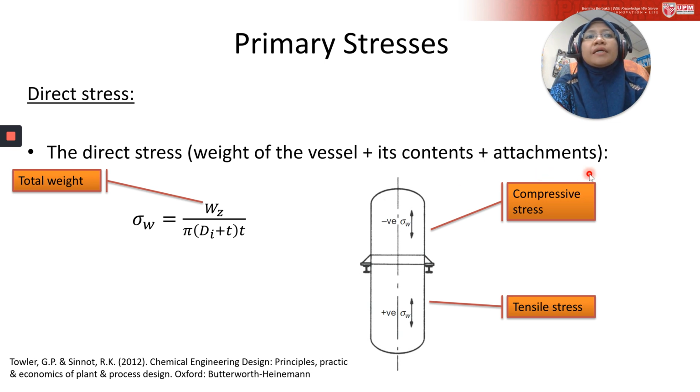This stress can be positive or negative. The positive stress shows a tensile stress, while negative stress represents a compressive stress. Compressive stress is normally on the top of the plane of the vessel support, while below the vessel support a tensile stress normally acts.